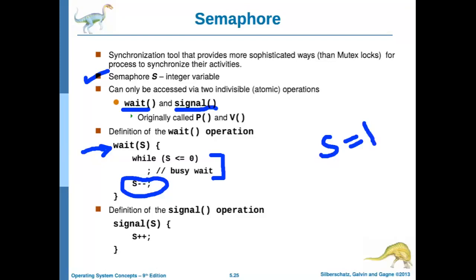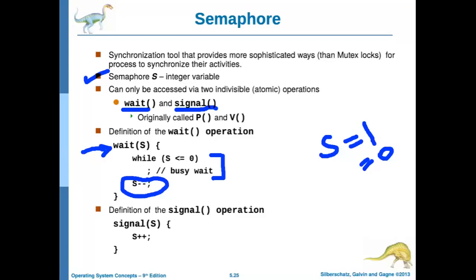The condition while S is less than or equal to 0 becomes false, so it is not busy waiting. It will decrement the value, which becomes 0 now. If somebody else wishes to enter the critical section, they have to go through wait on S again. This time the value of the semaphore variable is 0, so it has to wait.